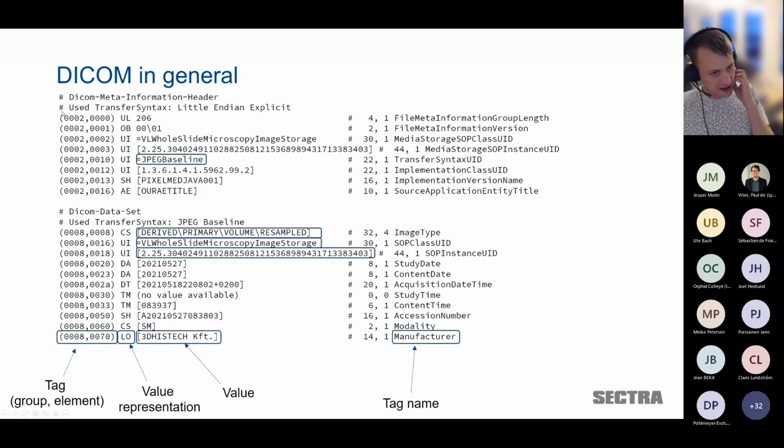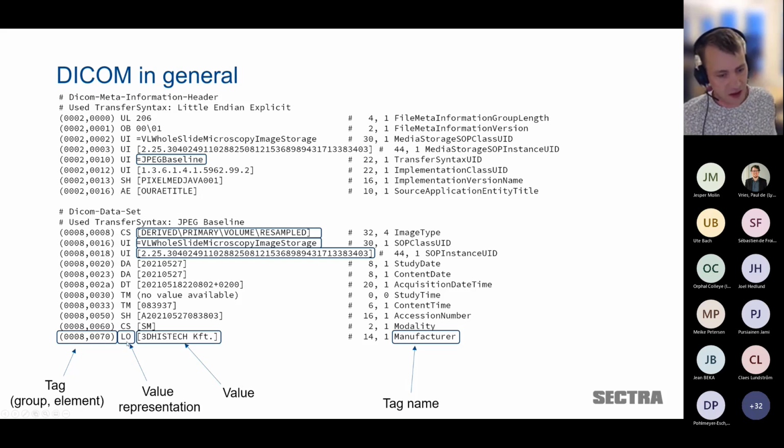Going into how DICOM files look, this is a dump from a DICOM file. DICOM files are binary, so this is a tool that reads the binary file and prints it nicely in text. What you see first here is all the tags. Every element starts with a tag identifying what kind of information you have, and the tags have two parts: a group tag and an element tag.